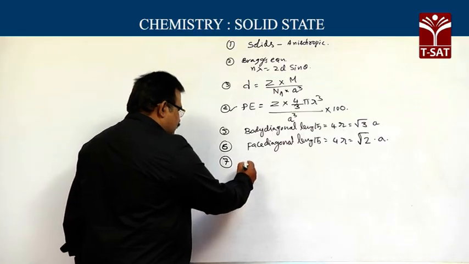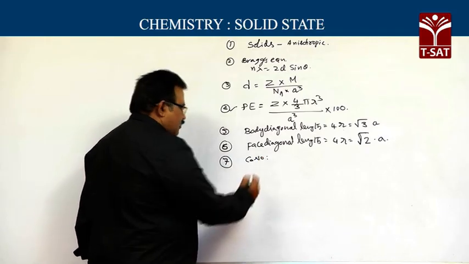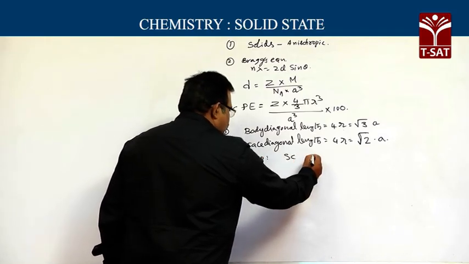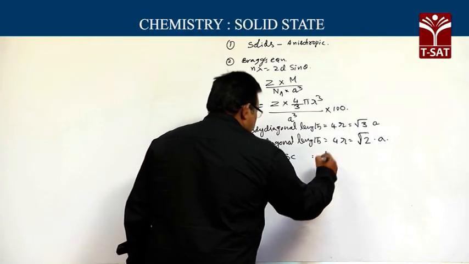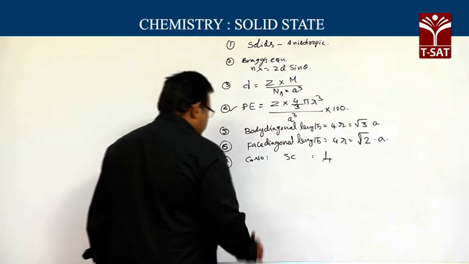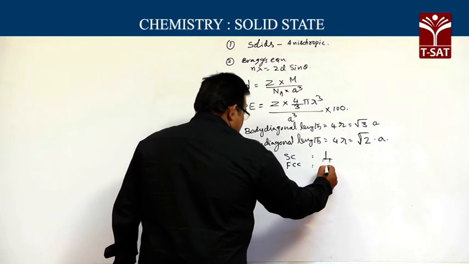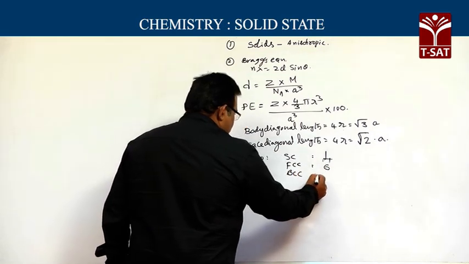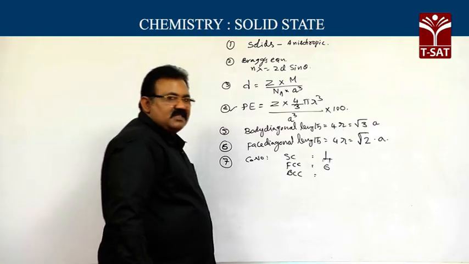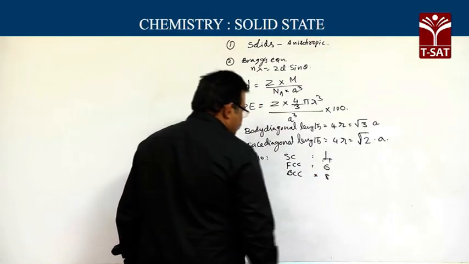When it comes to the coordination numbers, of simple cubic crystal it is 6, of FCC it is 12... of BCC is how much? 8.